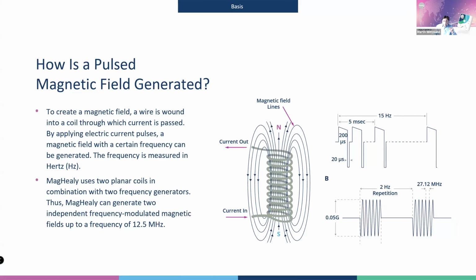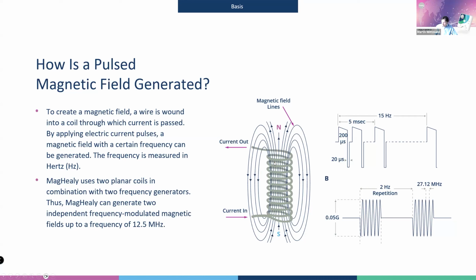So how is a pulsed magnetic field generated? That's of course what we do. We have no normal magnet, as you know, like on your fridge, those magnets that are permanent magnets. No, we are using pulsed magnetic fields. So to do this, you usually use a coil, like you have in this picture in the middle.